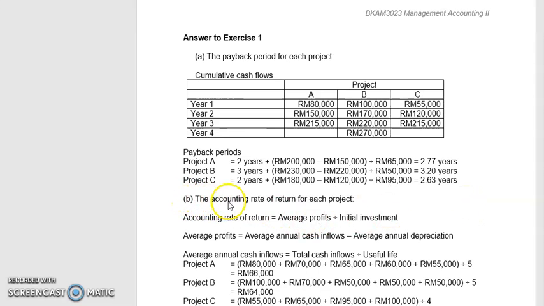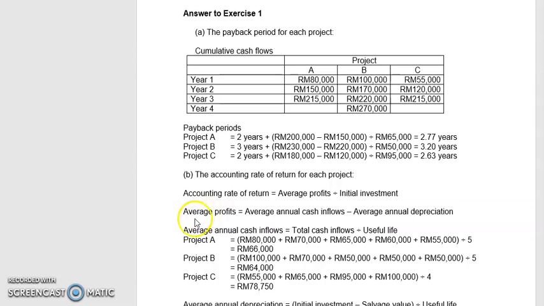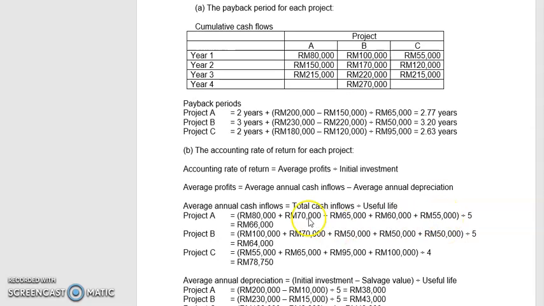Okay, for B, the accounting rate of return for each project: accounting rate of return equals average profit divided by initial investment. Average profit equals average annual cash inflow minus average annual depreciation. So first we calculate the average annual cash inflow, that is total cash inflow divided by useful life.